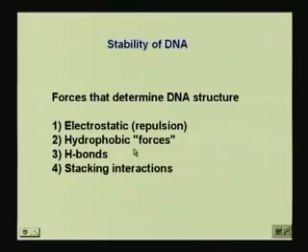We have hydrophobic forces, we have hydrogen bonds obviously between the bases and also possible between the other heteroatoms present in the bases and the water around, and we have stacking interactions between the bases at different levels. Considering the properties of Watson-Crick base pairing, the base pairs are planar.